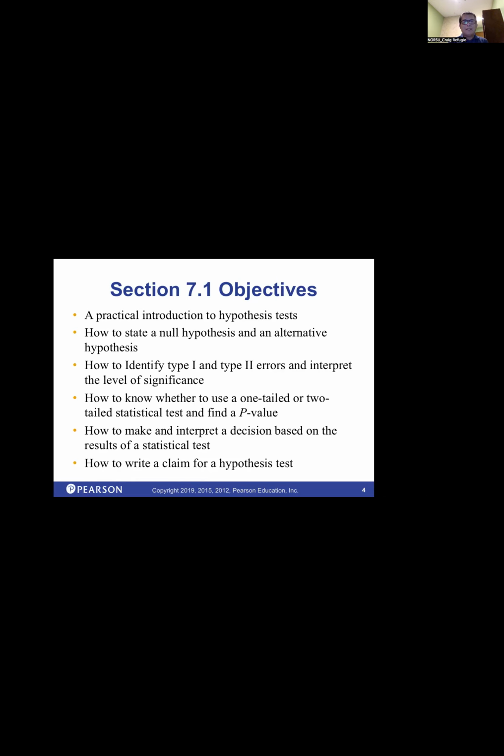How to identify type 1 and type 2 errors and interpret the level of significance. How to know whether to use a one-tailed or two-tailed statistical test and find a p-value. How to make and interpret a decision based on the results of a statistical test. Then the last one on the slide, how to write a claim for a hypothesis test.